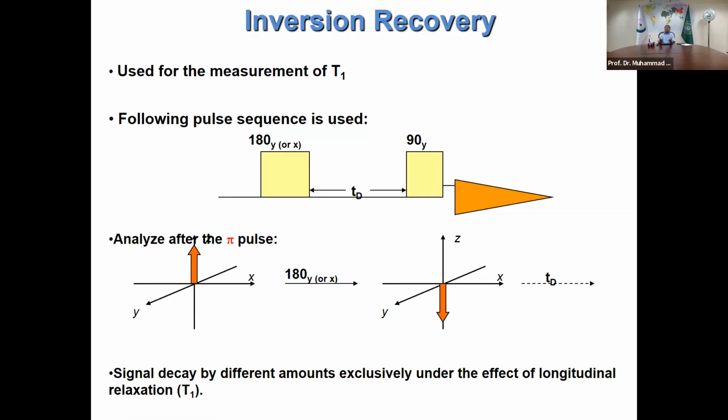So these are two pulses, multi-pulse. A 180 Y pulse or X pulse, doesn't matter. Where will the magnetization go with a 180 pulse?